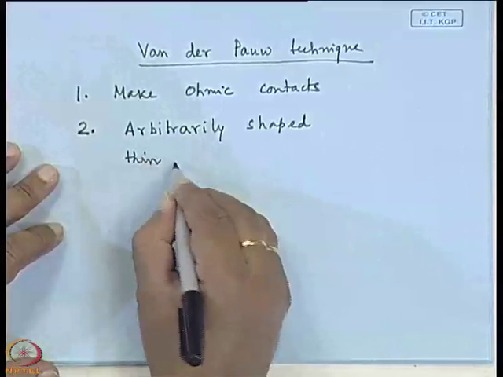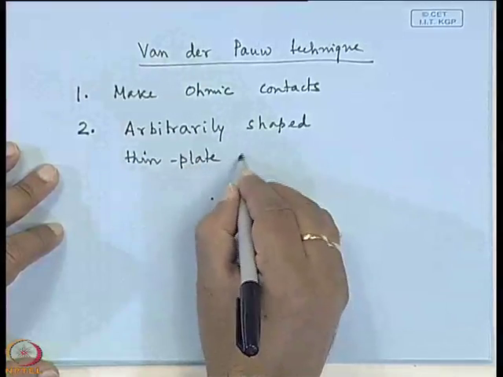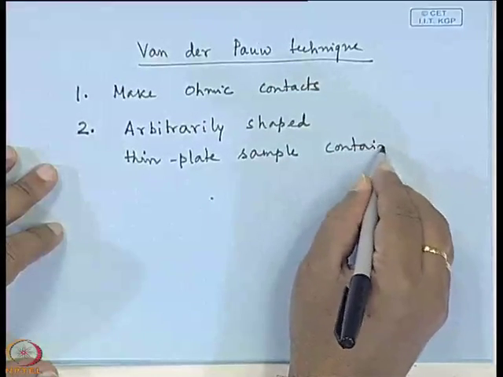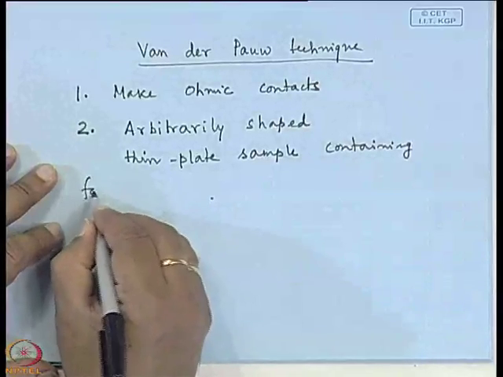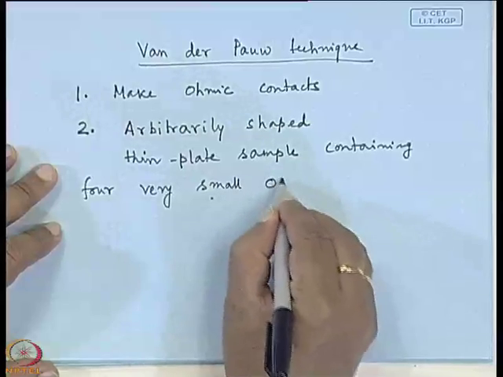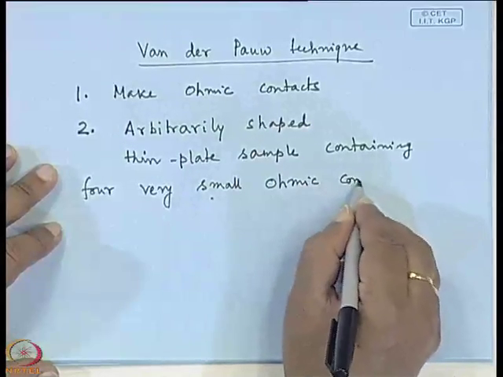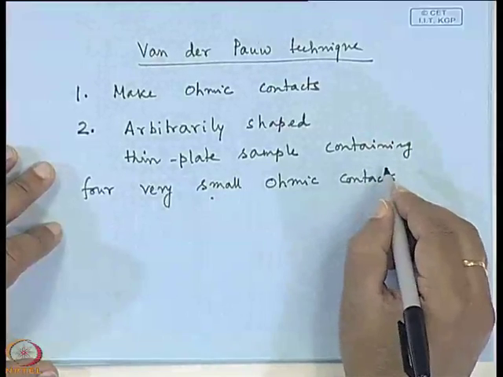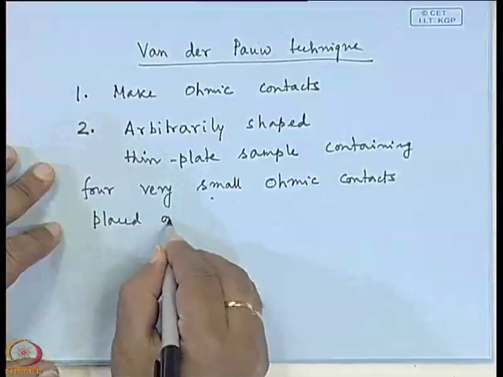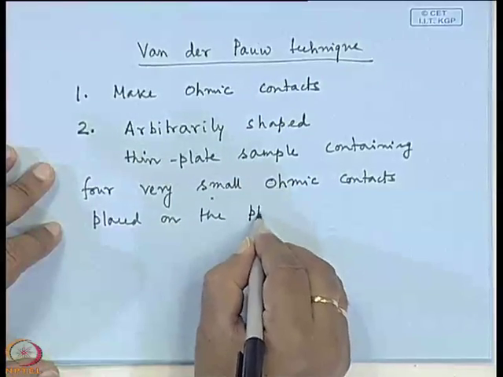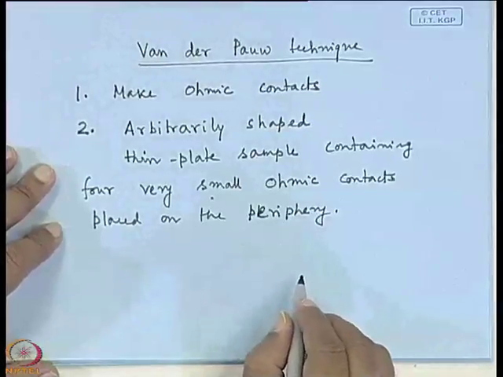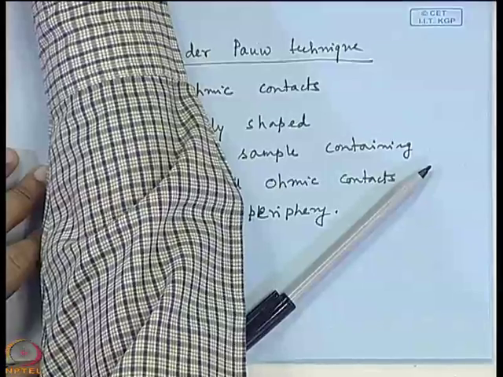A thin plate sample containing 4 very small ohmic contacts placed on the periphery, preferably in the corners. I can show you the configuration.